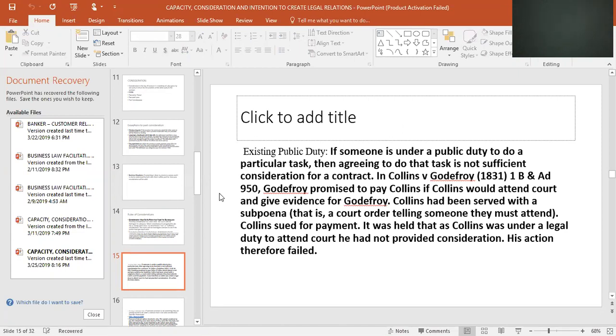Unknown to Godfrey, the court had already invited Collins. It was actually a subpoena that the court sent to Collins to give testimony on the same matter that Godfrey contracted Collins to come and give evidence on.